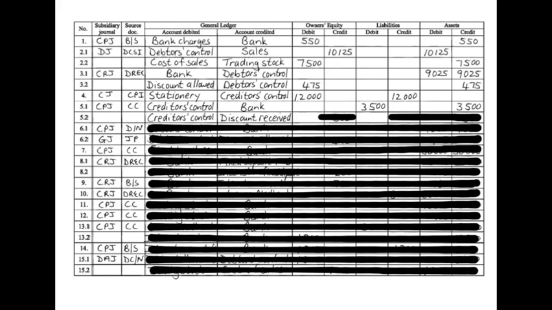So discount received 300 Rand. Discount received is known as an income account, so it makes sense that it's increasing my owner's equity on the credit side. So owner's equity is increasing and my liabilities are decreasing even further.